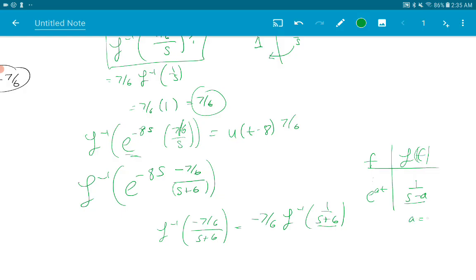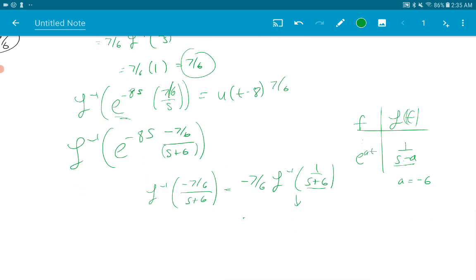You'd have to let a equal negative 6. If a is negative 6, then you'd have 1 over s minus negative 6, which is 1 over s plus 6, which is what we have here. So the inverse Laplace transform of this would just be negative 7/6 times e to the negative 6t. That's the inverse Laplace transform of negative 7/6 over s plus 6.